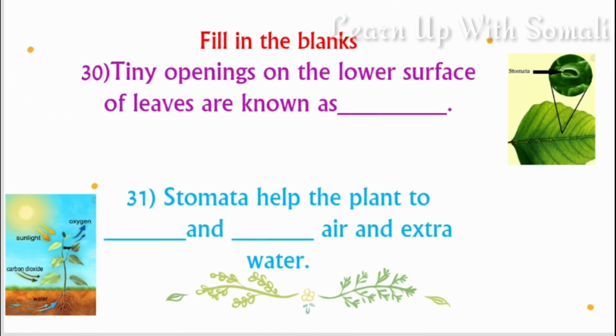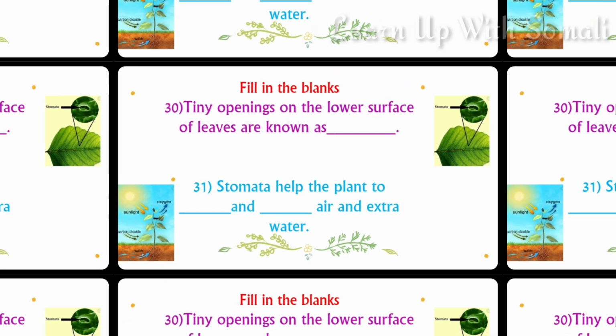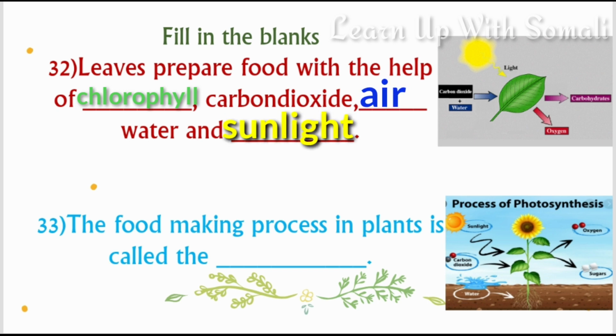Number 30, tiny openings on the lower surface of the leaves are known as stomata. Number 31, stomata help the plant to take in and give out air and extra water from the plants. Number 32, leaves prepare food with the help of chlorophyll, carbon dioxide, air, water, and sunlight.